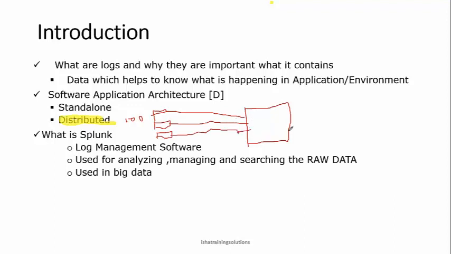Once the logs get shipped, we can analyze the data, manage the data, and search the raw data. Whatever comes into the indexer is called raw data. I will come to this. Okay, so what do we mean by analyzing?